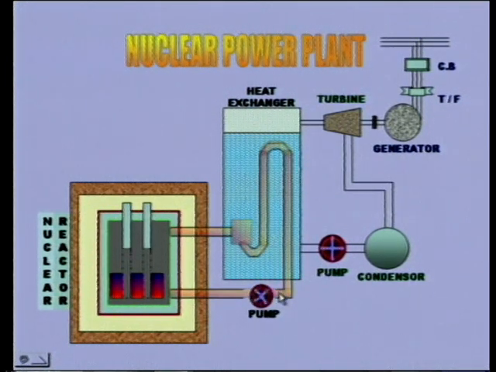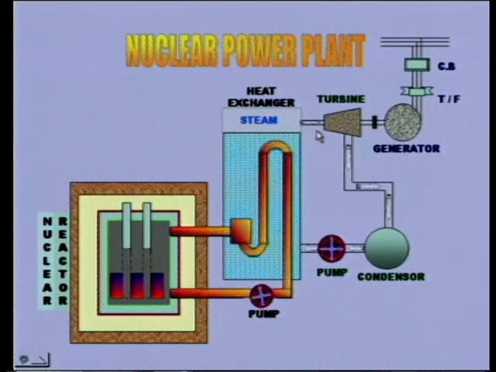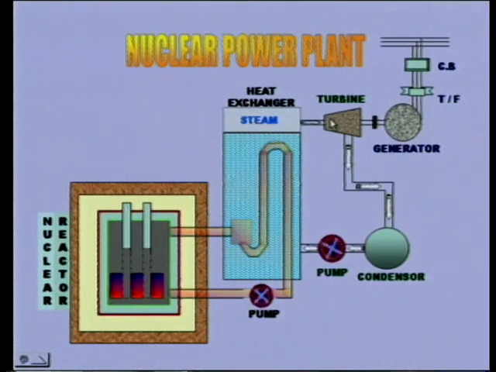In the heat exchanger, we have water which absorbs the heat from the tubes and gets converted into steam. That steam is passed through the turbines, entering the turbine at high velocity and pressure, and gives away its energy to the turbine.